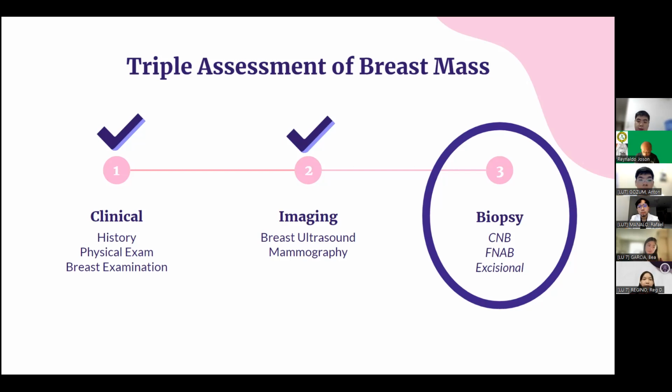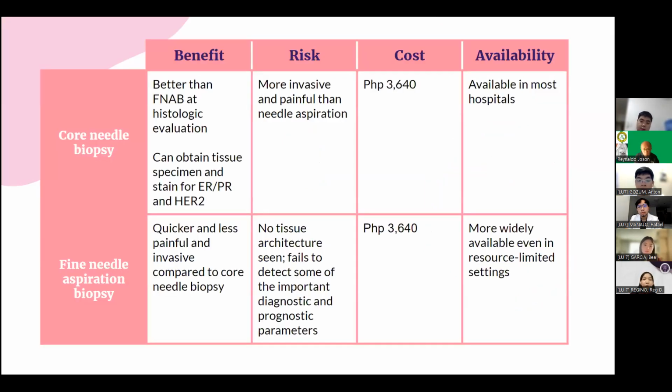So next slide, please. So there are several methods that a biopsy can be obtained from a breast mass. And first, and the method that we will prioritize is core needle biopsy. Some of the benefits of core needle biopsy is that it's better than fine needle aspiration at histologic evaluation because it can provide information on the tissue architecture of the lesion.